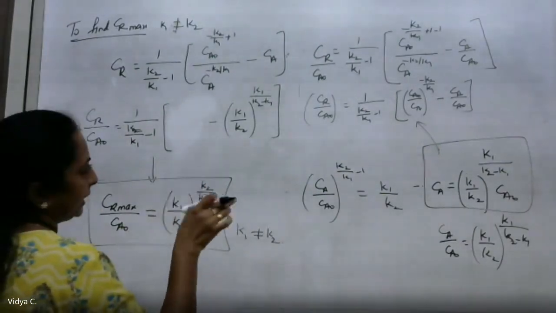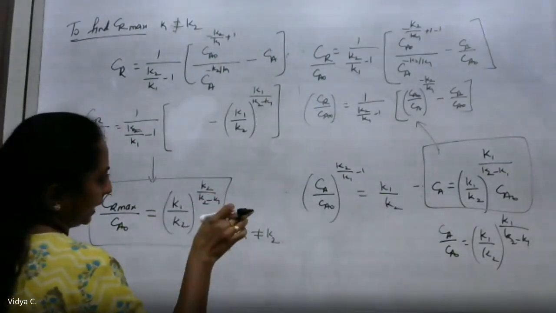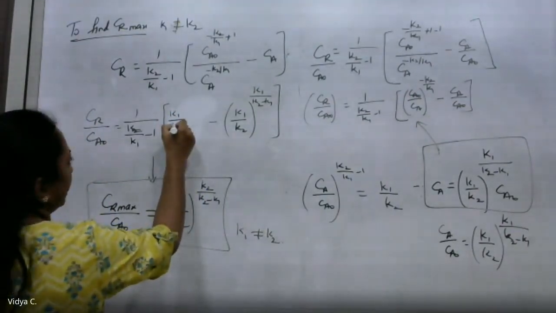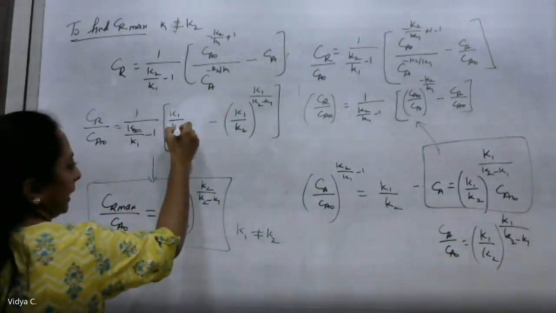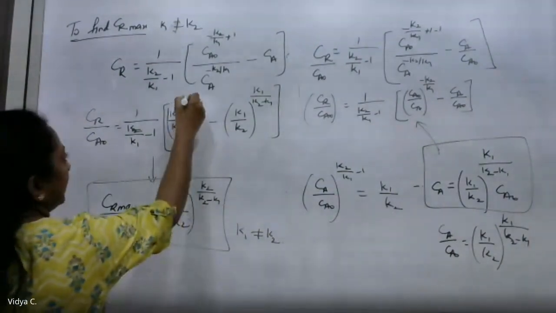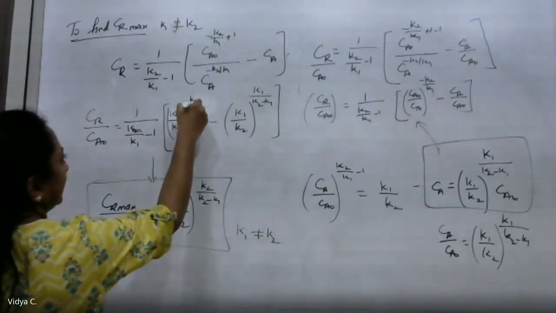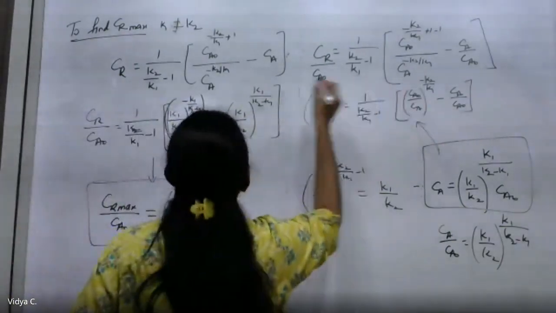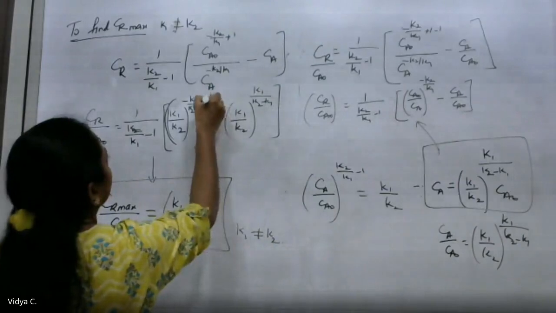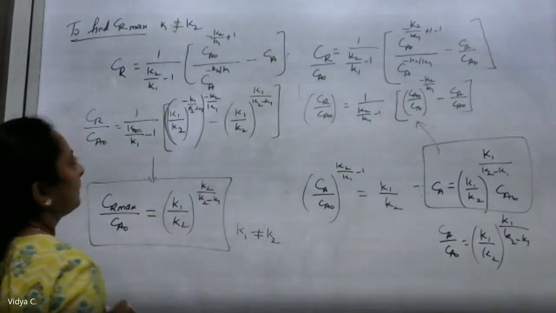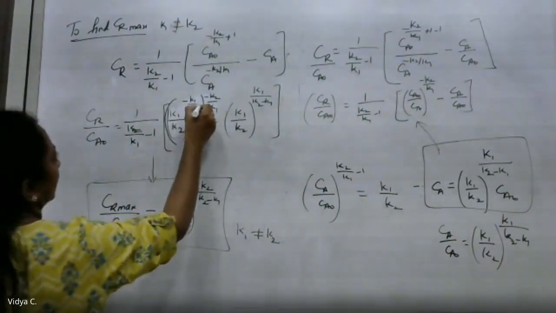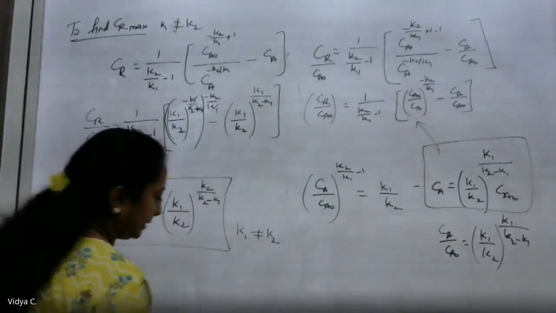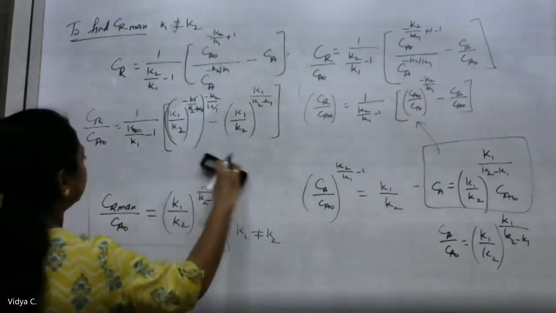And for this, CA naught by CA will be 1 by (K1 by K2) to the power of K1 by K2 minus K1, into minus K2 by K1. So I have this after this, and you can simplify. What am I left with? In between, one step I'll write.